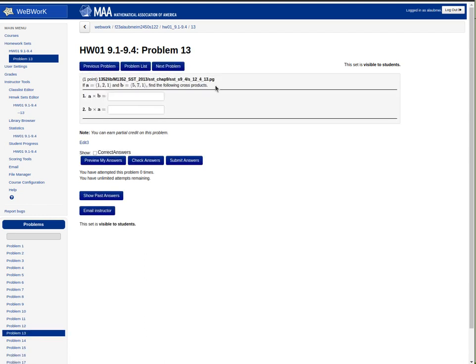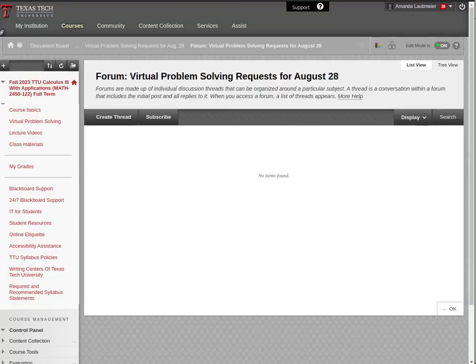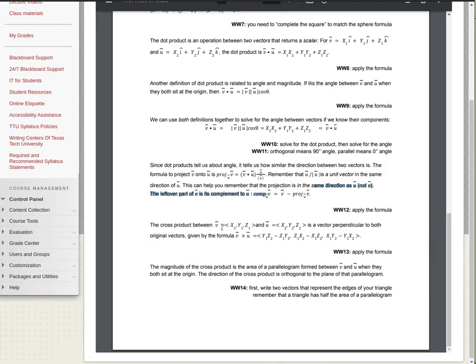And then 13 is finding the cross product. So there's a formula here for how to find the cross product. And I'm also going to show you the matrix-looking approach in more detail in a little bit, because some people like that. That's how I'll usually do it.